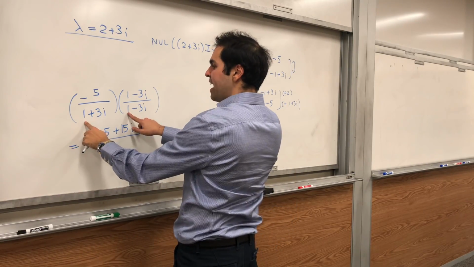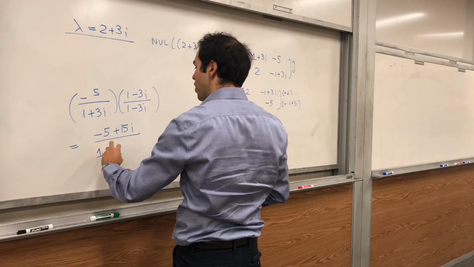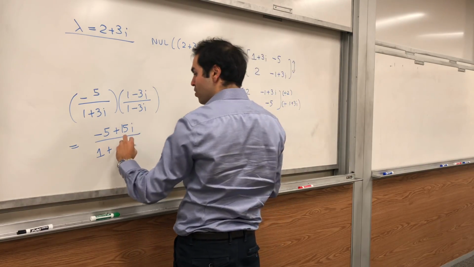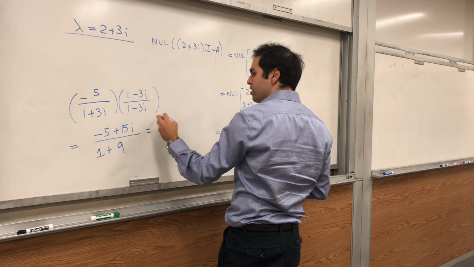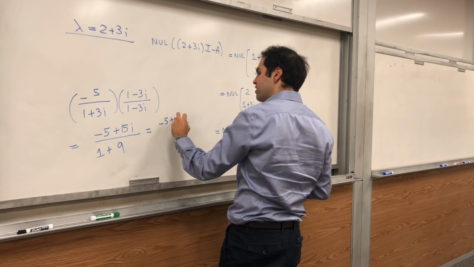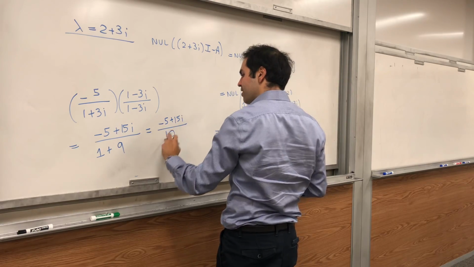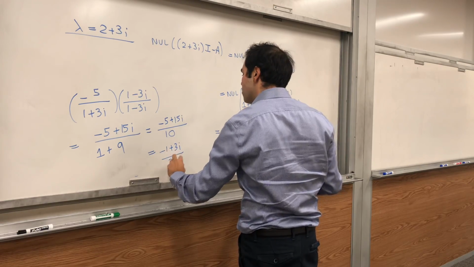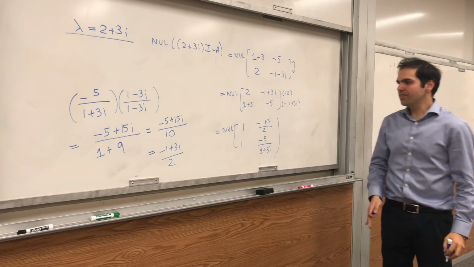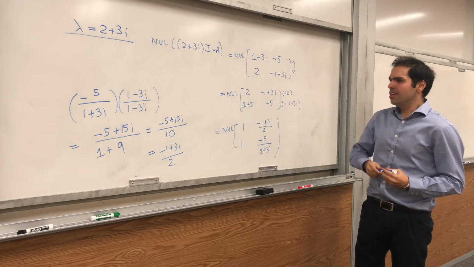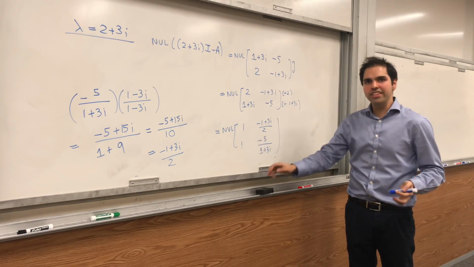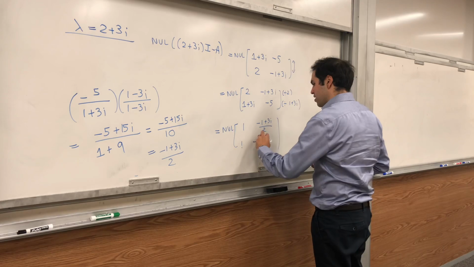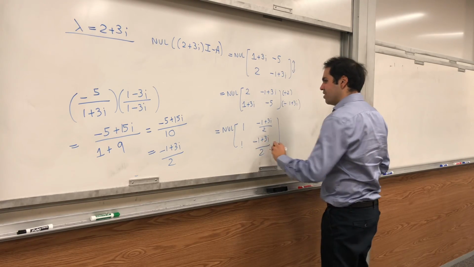The denominator is a squared minus b squared, which is 1 minus minus 9, so 1 plus 9, which gives you indeed minus 5 plus 15i over 10, and that is exactly the same as minus 1 plus 3i over 2. So the slow way is just dividing by this number and then seeing that it's indeed the same. So it is indeed the same: minus 1 plus 3i over 2.